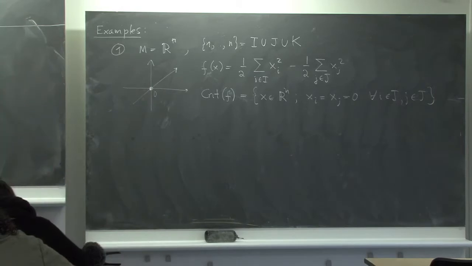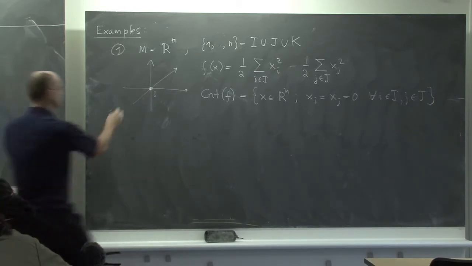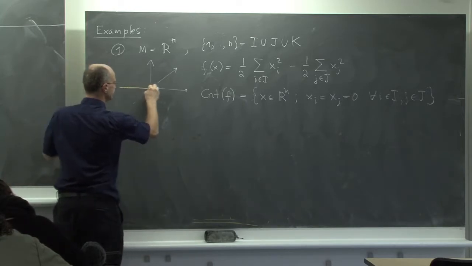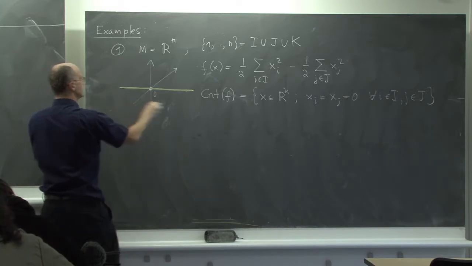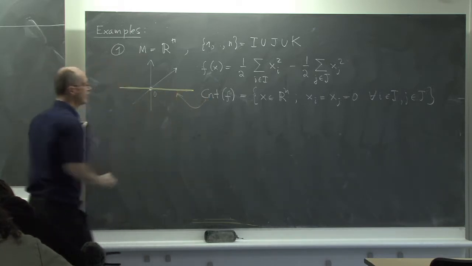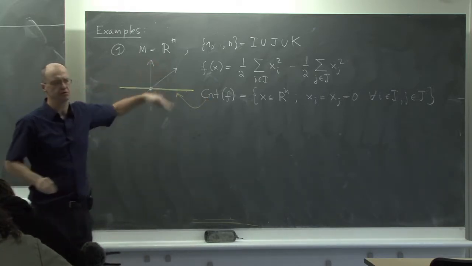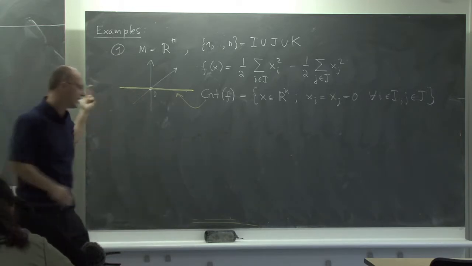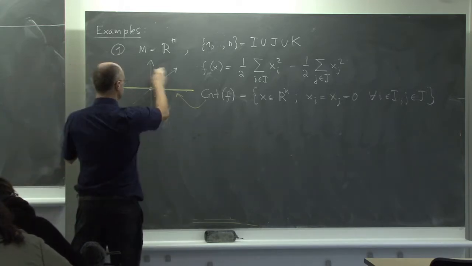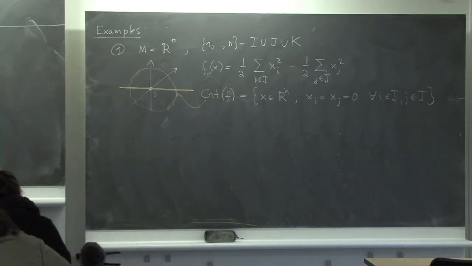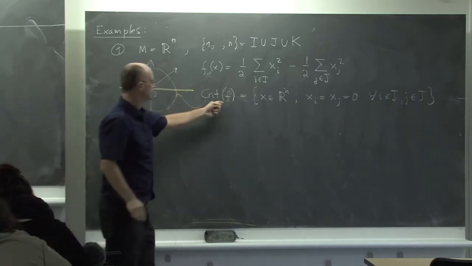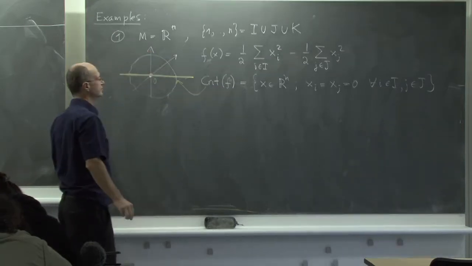This means that it will be some kind of subspace passing through the origin. So that's this Crit f. Of course, we don't need to think about it globally. We can, but we can always think that that's what happens locally on some neighborhood of the origin. So that's this critical set.